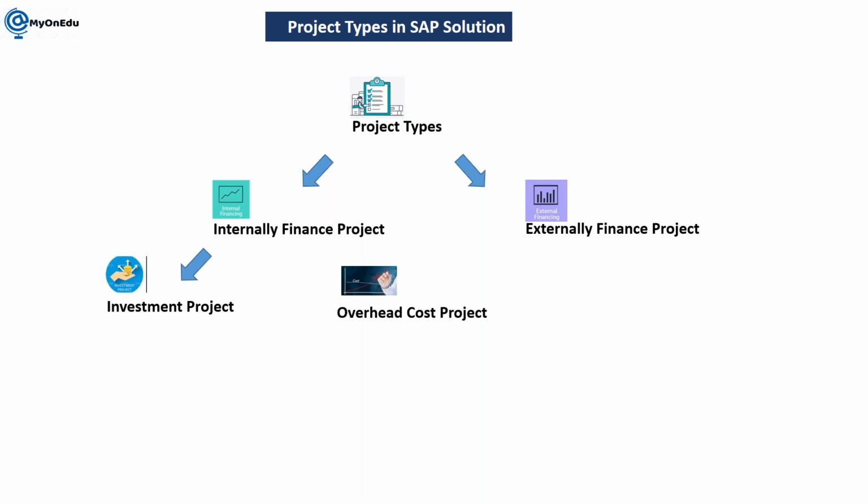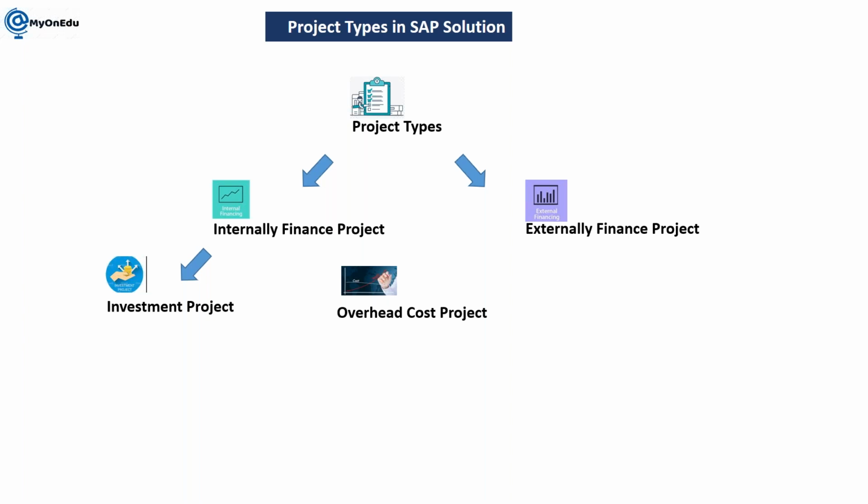Further, to understand the internally financed project, this can be an investment project, or a cost project or overhead project. For example, if you are constructing your house, that is an investment. In the future the total value will increase. Let's say I'm constructing a house and I want to foresee within 10 years what will be the benefit of it. You can calculate as per your living standard how much you are paying as rent, and within 10 years how much you are paying.